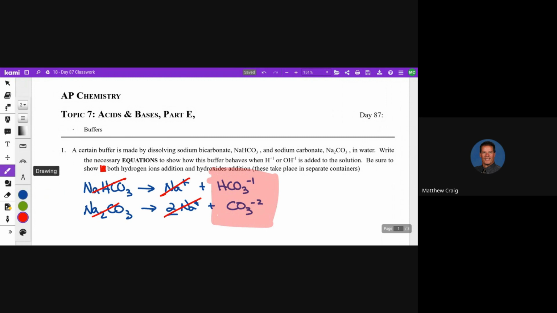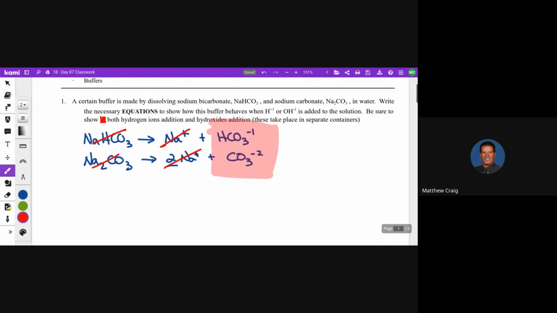Keeping in mind the definition of a good buffer from the video from last night, a good buffer contains no strong acids, it contains no strong bases, but it can absorb a strong acid or a strong base and resist a large change in pH. So there are a lot of caveats that go along with a good buffer.